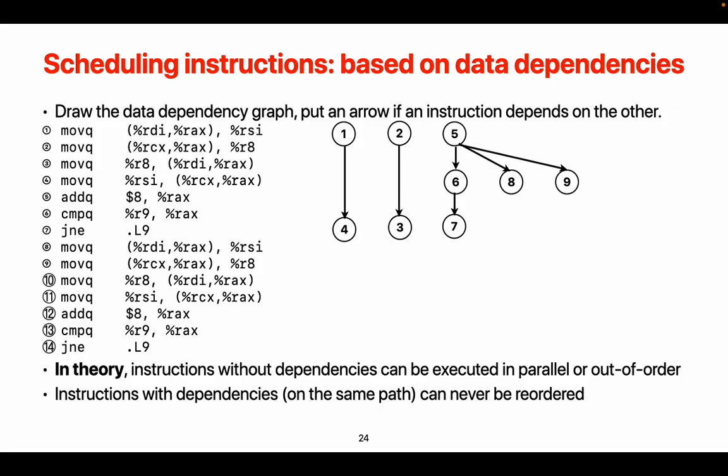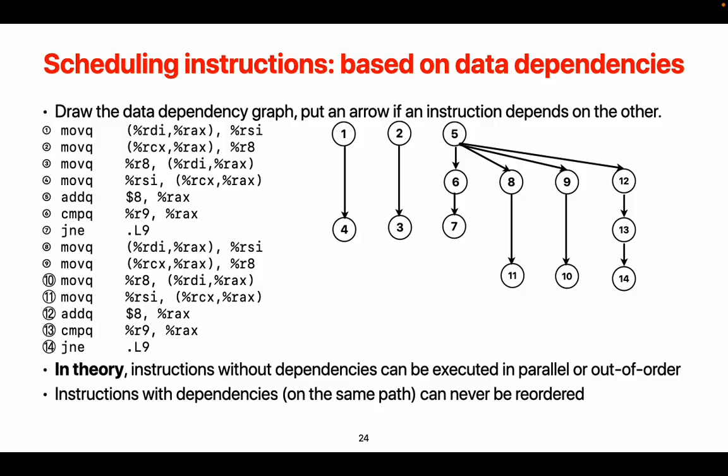Who is it depending on? 9. How about instruction 11? 8. How about instruction 12? Is it depending on 9? Who is it depending on? 5. How about instruction 13? 12. How about 14?